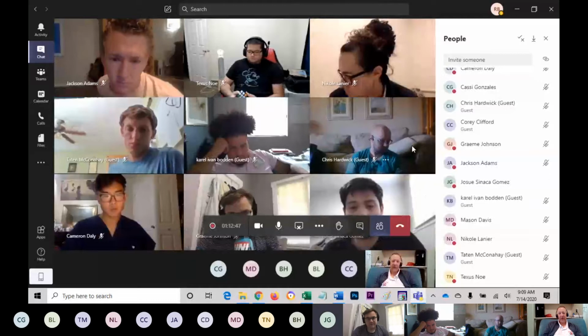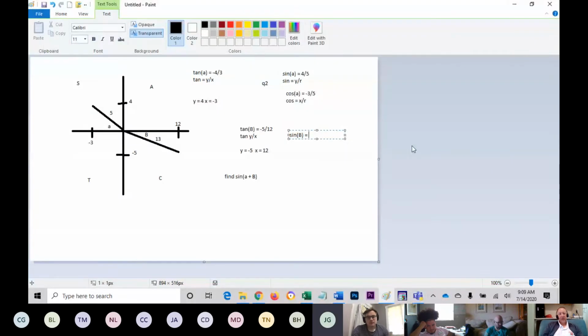Except you're on mute, I think. Sine of beta is y over r, right? Which is going to equal what? Negative 5/13. And is it negative in quadrant 4? Yep. Okay. Well done.